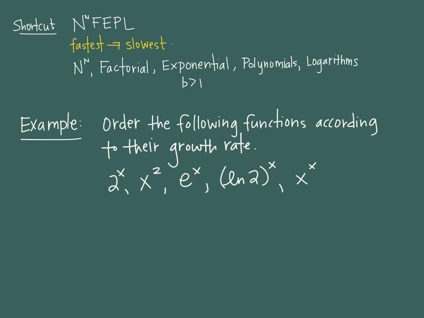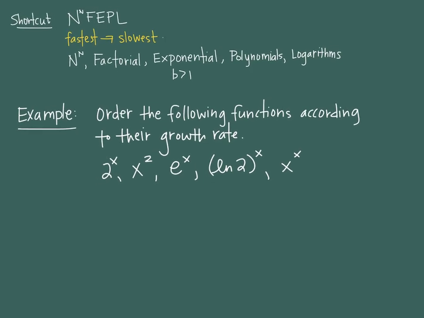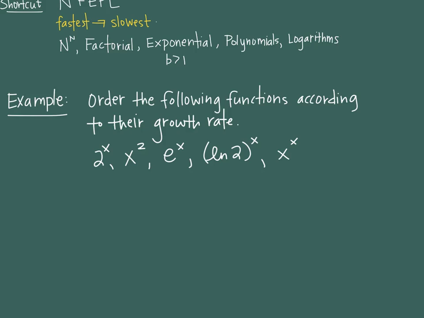Not asking you to prove anything, not asking you to justify anything, just asking you to order them. All right, so thinking from fastest to slowest, what would you categorize as the fastest growing function of the 5 functions that were listed?